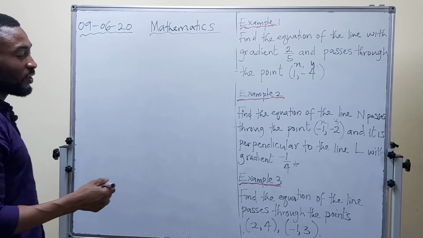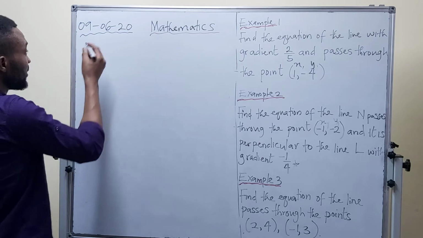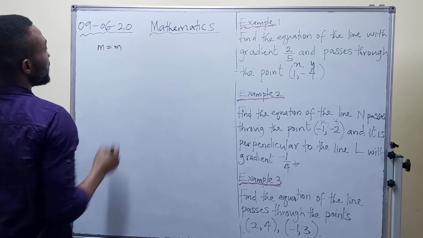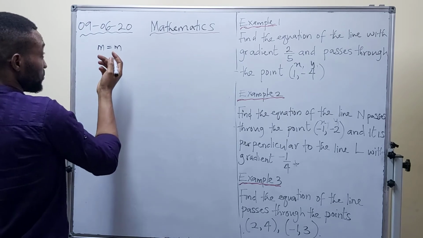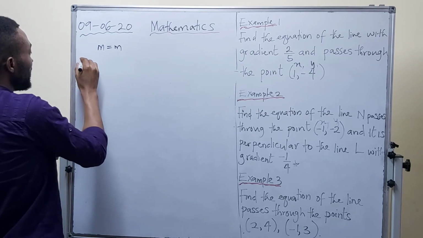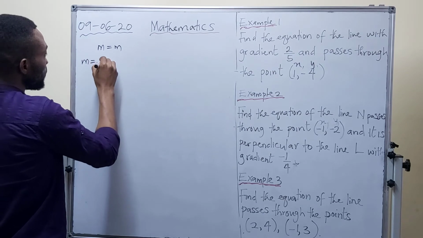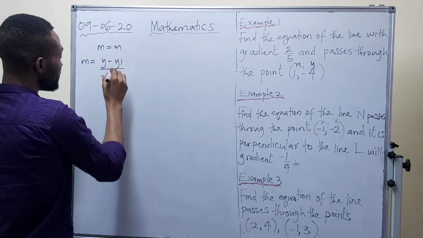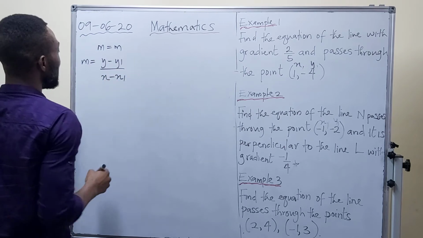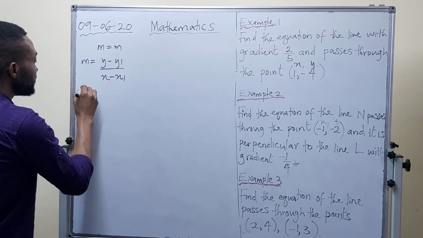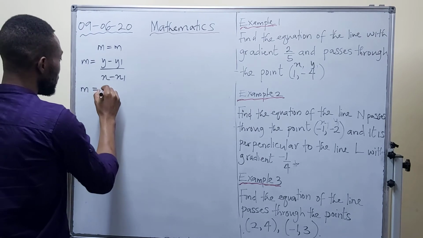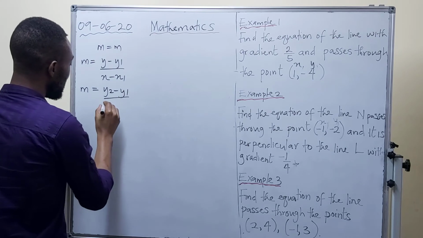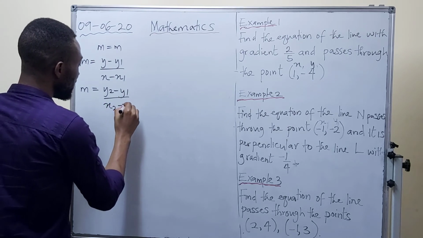So for me to solve this, I can say m equals m. What do I mean? Because we have the formula that says m is equal to y minus y1 over x minus x1, and we have another formula that says m is equal to y2 minus y1 over x2 minus x1.